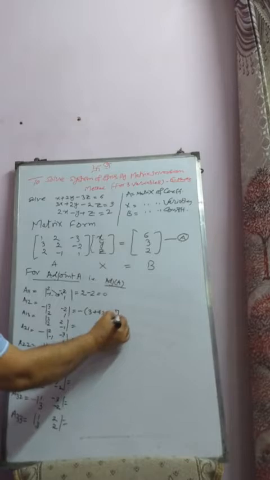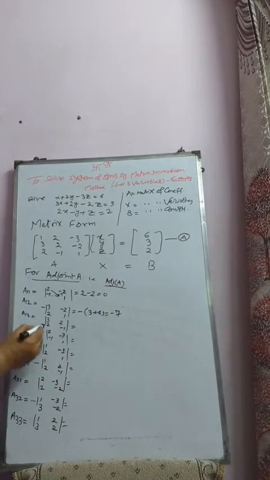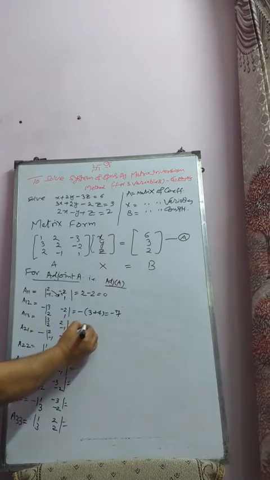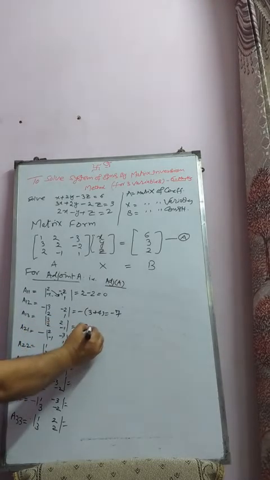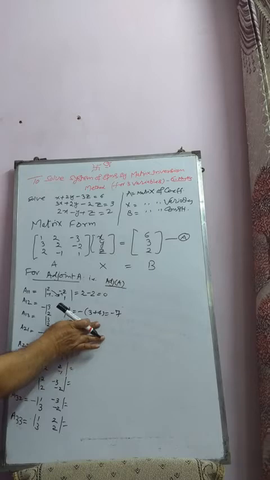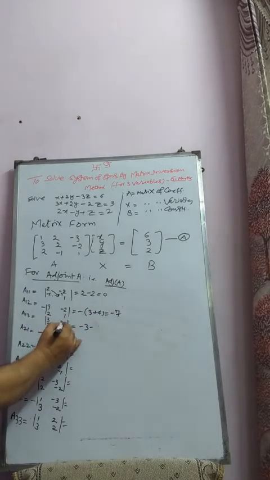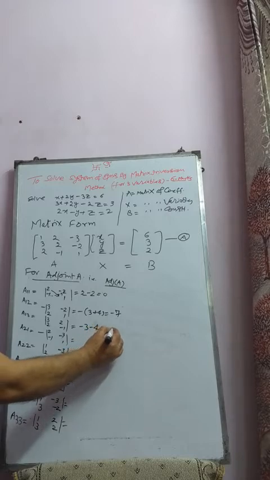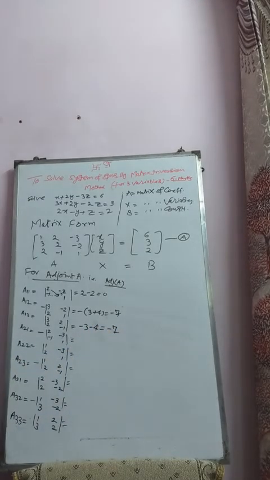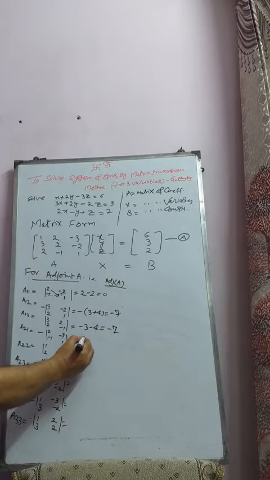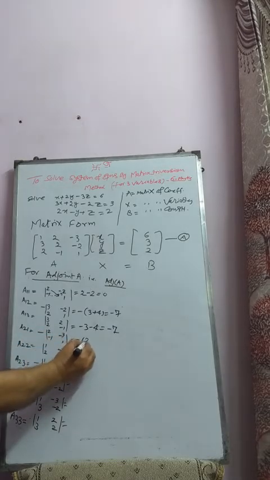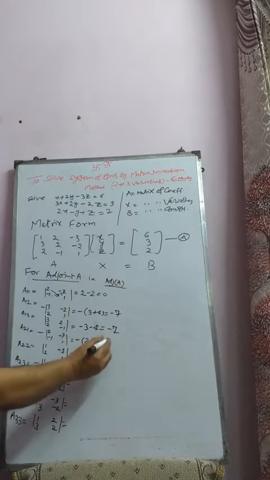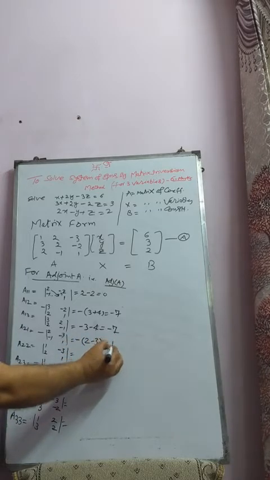Again 1 3, this product minus 3 minus 4, product is plus 4, so changing the sign minus 4, we get minus 7. After that minus outside 2, product is plus 3, changing the sign, resulting inside minus 1, so plus 1.